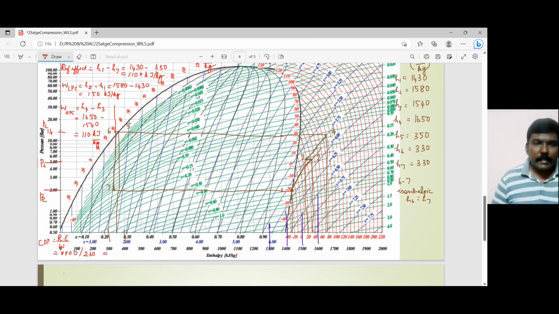So how much is that? Let me evaluate. So 1100 divided by 260, that gives you 4.23. So that is the COP of this particular vapor compression system, where you have the two-stage compression with water intercooler and liquid subcooler.